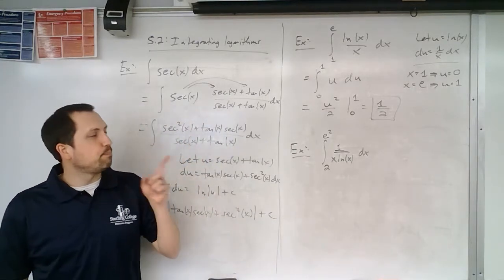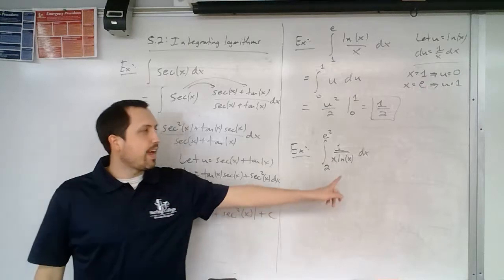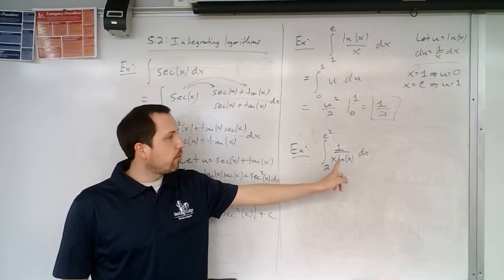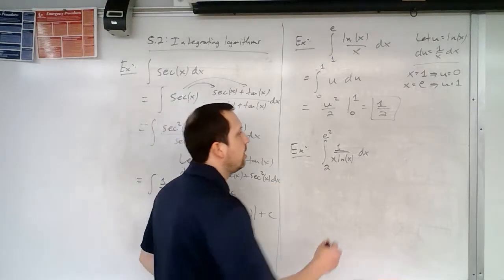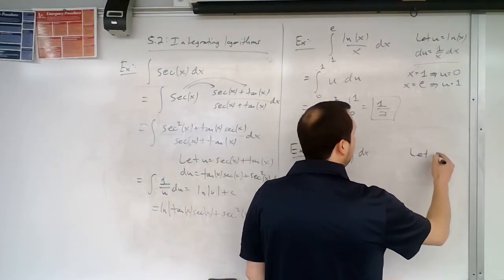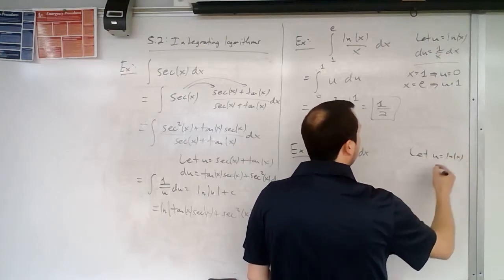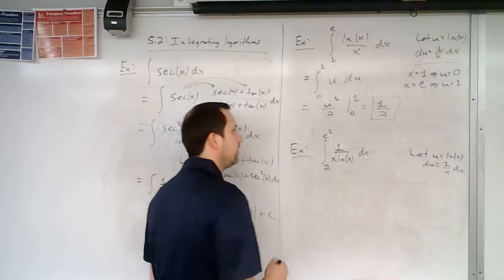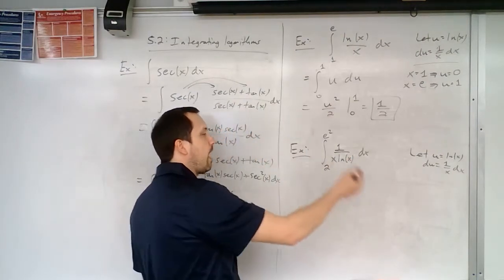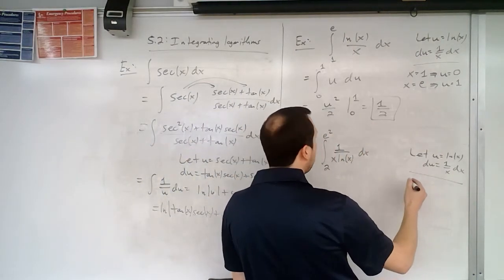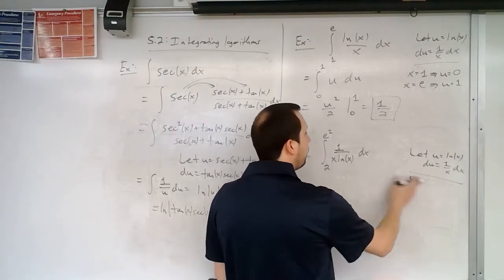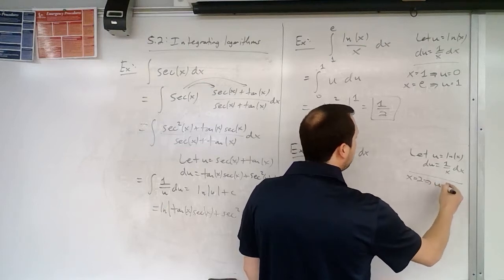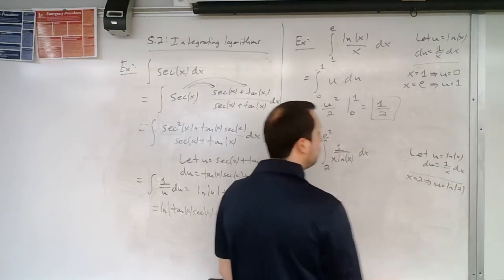Same thing over here. Now with this one, what I have going on is I again have a similar choice. I have 1 over x on the bottom and I have a natural log of x. So I'm going to let u equal natural log of x, then du is going to be 1 over x dx. Again, choosing my bounds, substituting those in, when x is equal to 2, I get u is equal to natural log of 2.